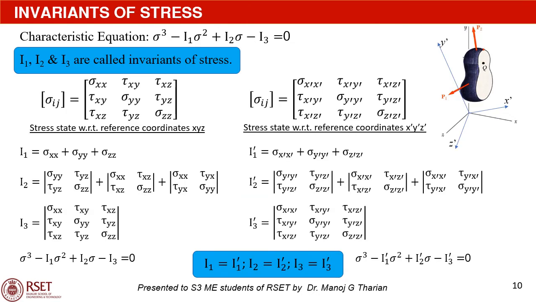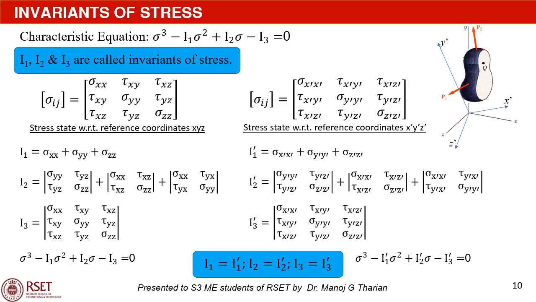Now I'll explain to you why I1, I2 and I3 are called stress invariants. Consider the stress state at point Q in a body for a given set of loading. The stress state be represented by sigma xx, sigma yy, sigma zz, tau xy, tau xz and tau yz with reference to coordinates x, y and z. So these are the coordinates x, y and z.